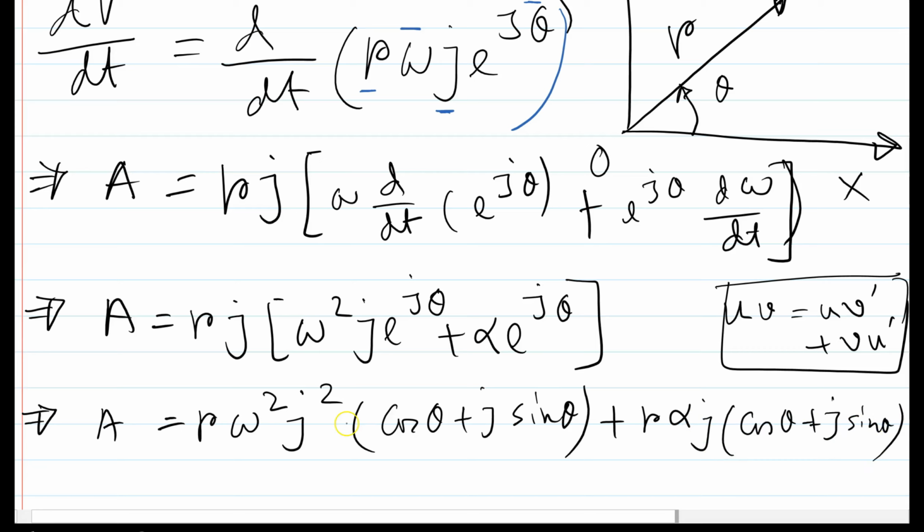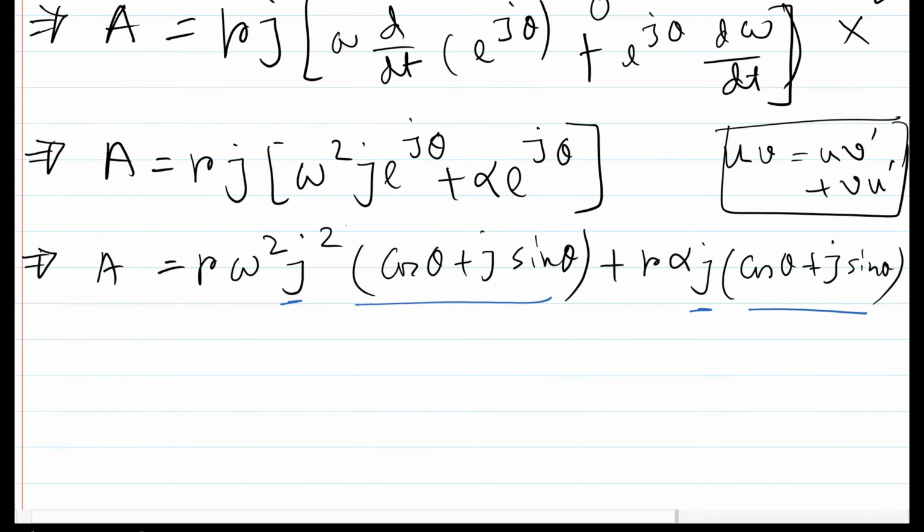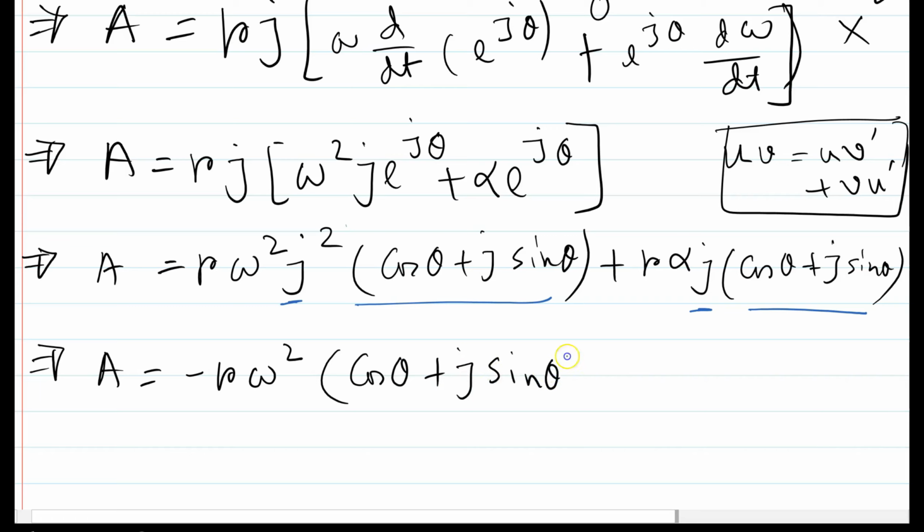When we multiply out the j terms, the finalized equation will look like this: negative r omega squared (cos theta plus j sin theta) plus r alpha (negative sin theta plus j cos theta).